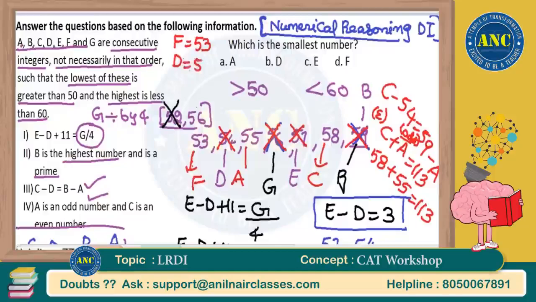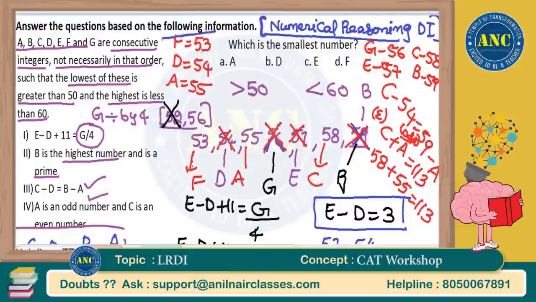D is 54. A is 55. G is 56. E is 57. C is 58. And B is 59. I hope it is clear, right, sir? All the values we got. Here 3 values I wrote, and here also 3 values I wrote.